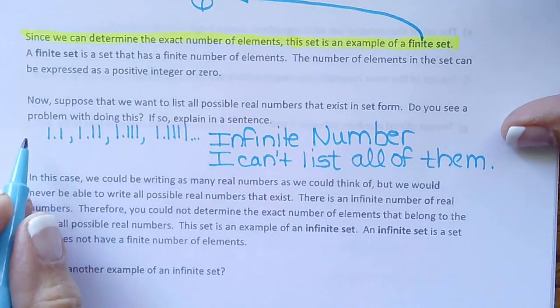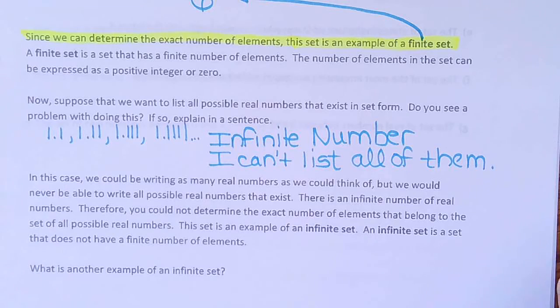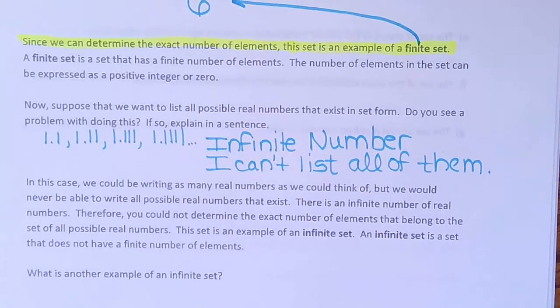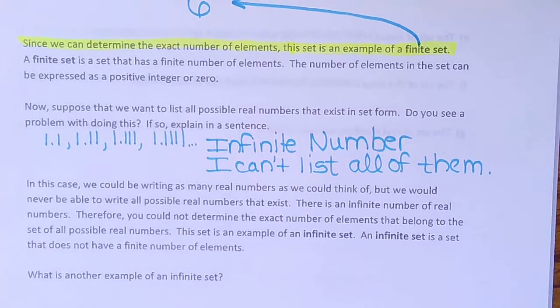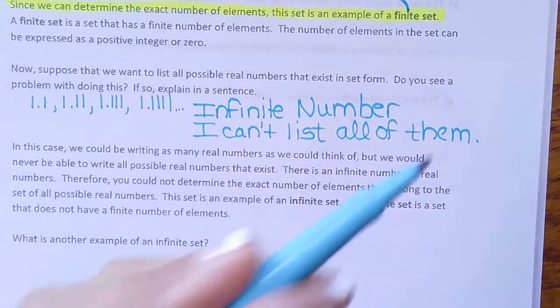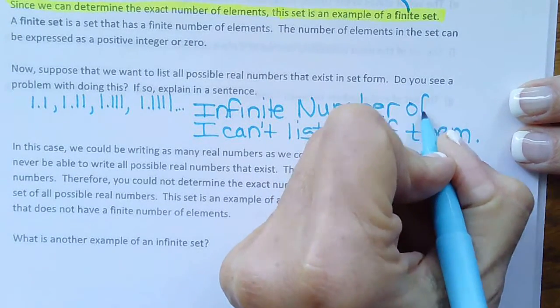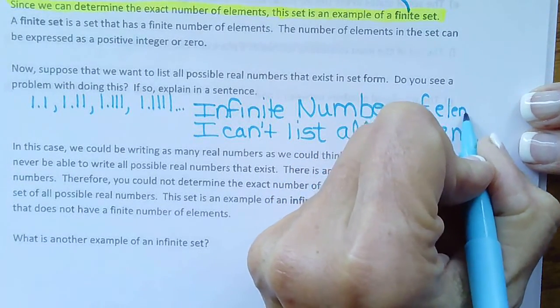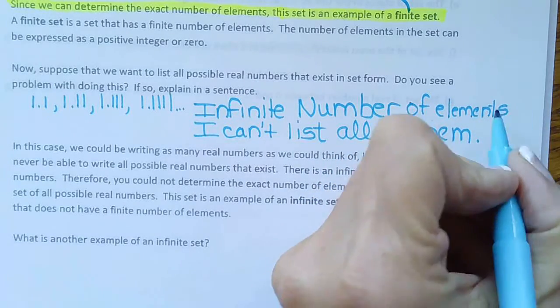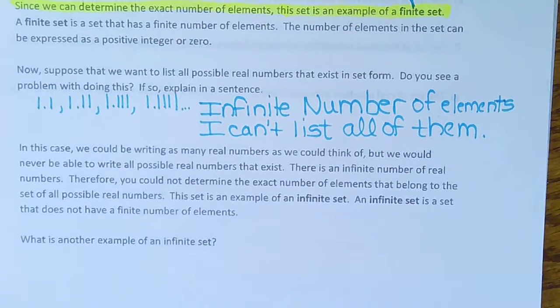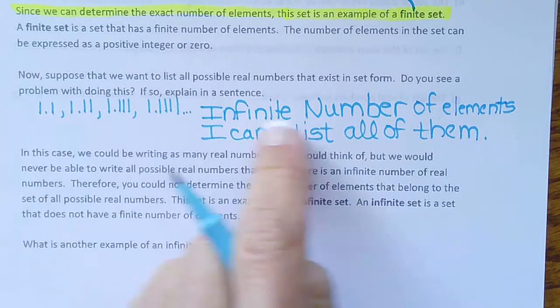So I would not be able to list all the real numbers. Real numbers go on to infinity in both directions, negative infinity and positive infinity. So, using our proper language, it has an infinite number of elements.